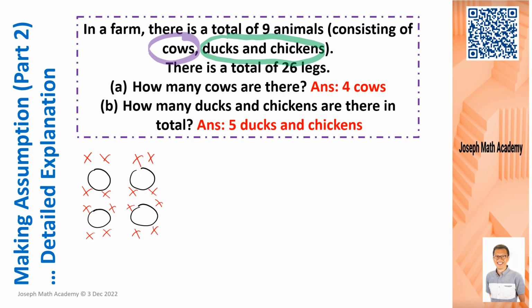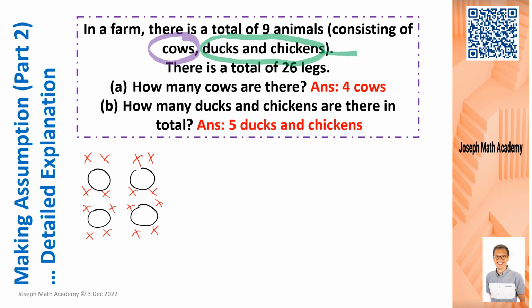We need to be aware that in the farm, even though we have three distinct types of animals, we can still categorize them into two broad categories: four-legged and two-legged. So in the end, we are still in control.